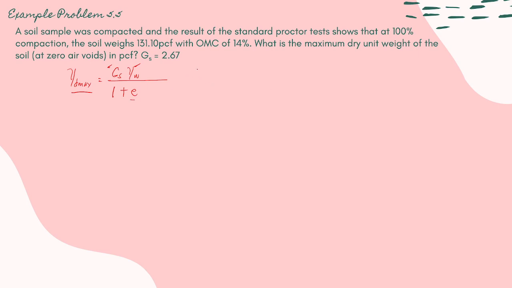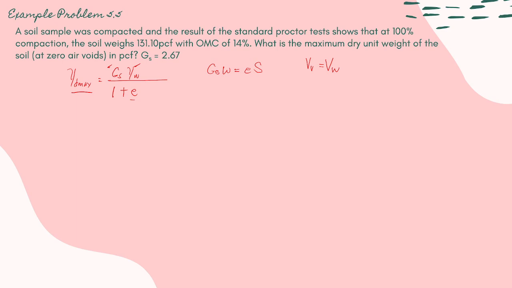So we go to the formula: specific gravity times moisture content is equal to the void ratio times the degree of saturation. Remember that at 0 air voids, the volume of the voids is equal to the volume of water.